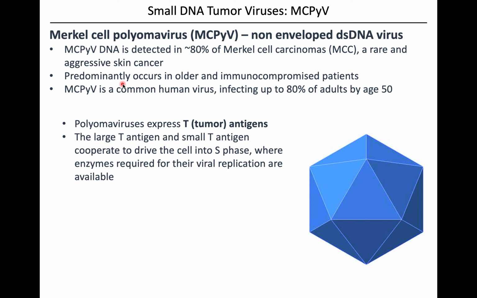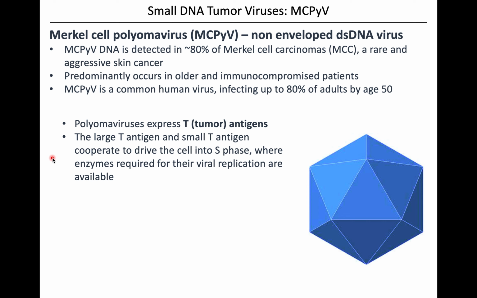And polyomaviruses do produce what are called T antigens, which stands for tumor antigens. There's a large T and a small T antigen, but together these help promote pushing the cell past checkpoints into S phase, which is where DNA replication happens, and also where you would get some of the enzymes available that you need to replicate the viral genome as well, right?